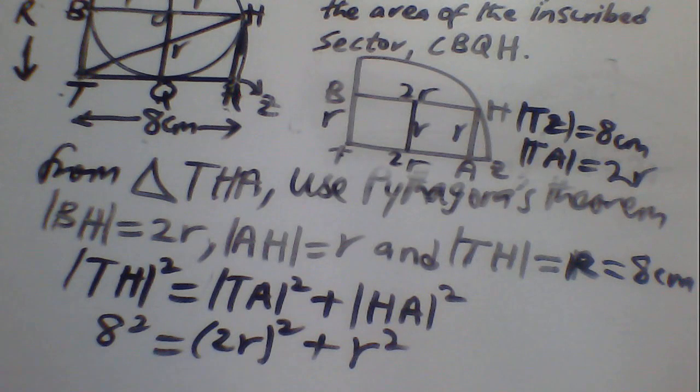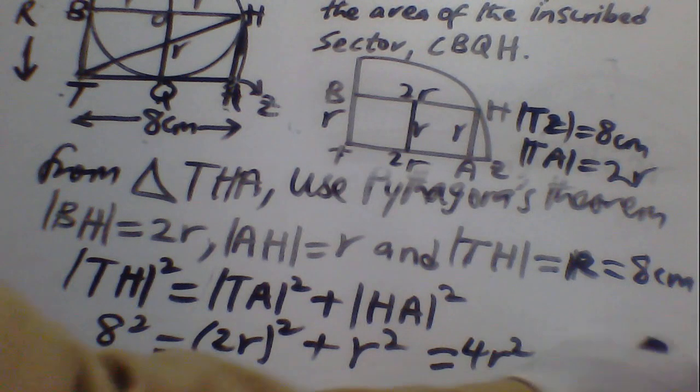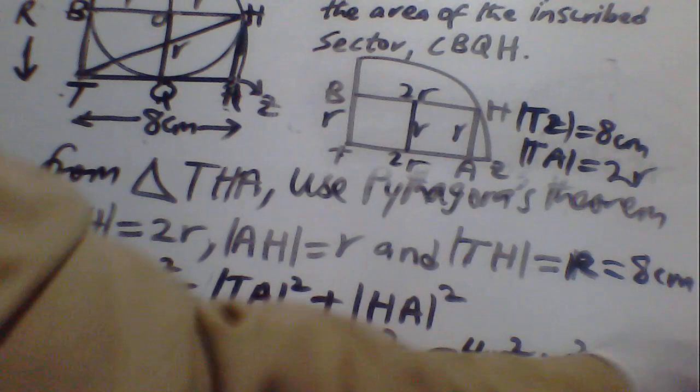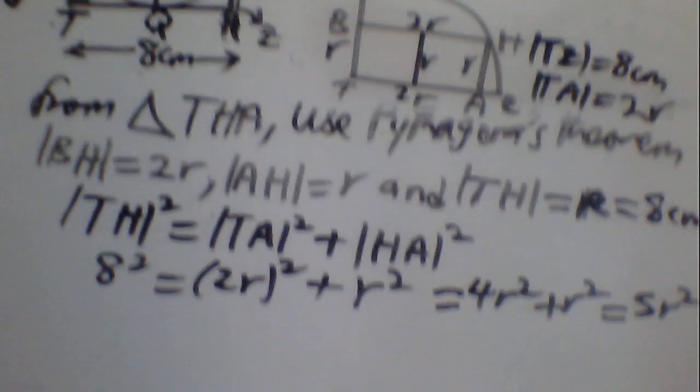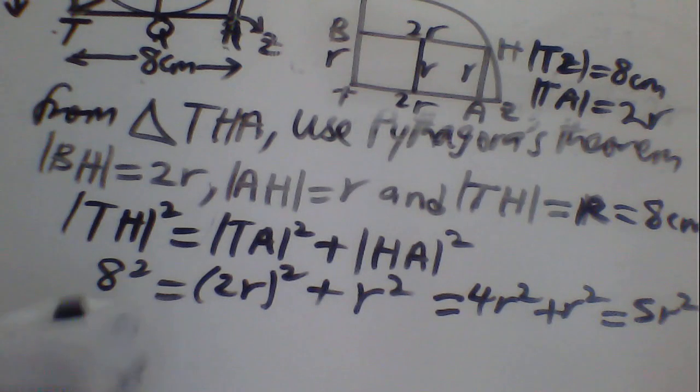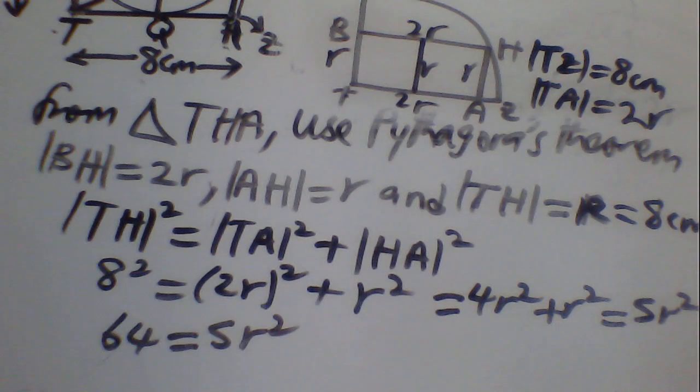I hope you are following. So from here we have 4r squared plus r squared is equal to 5r squared. So you can simplify it. 8 squared is equal to 64. That gives us 5r squared, so that we can divide by 5.